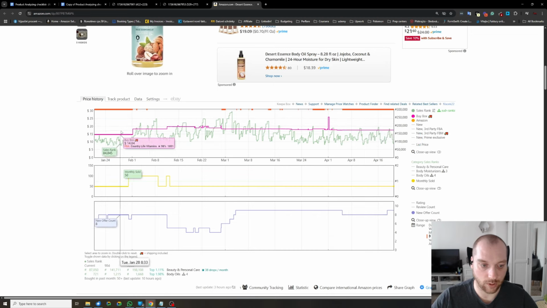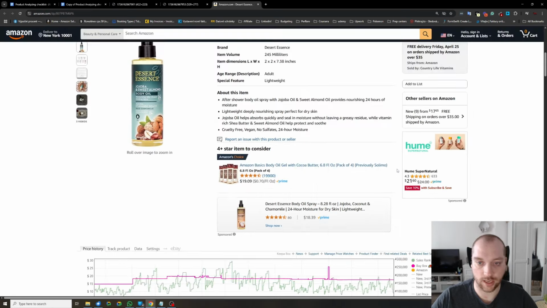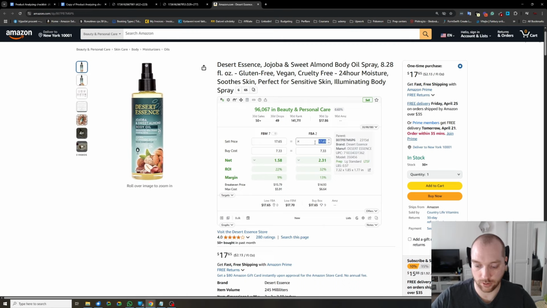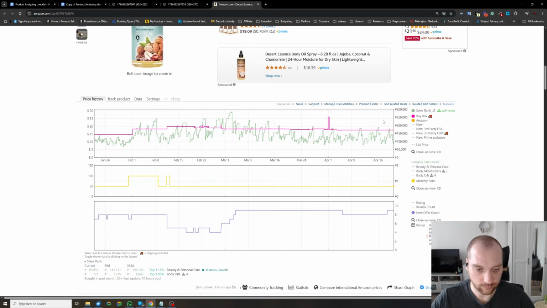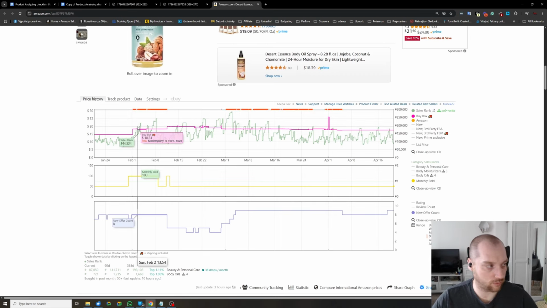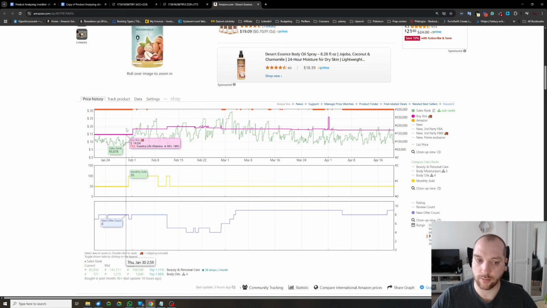So what would happen if the sellers dropped the selling price to this price, 14.84? Would I still be profitable? I wouldn't, and that's when you should be asking, okay, should I risk it, or is it a big deal?